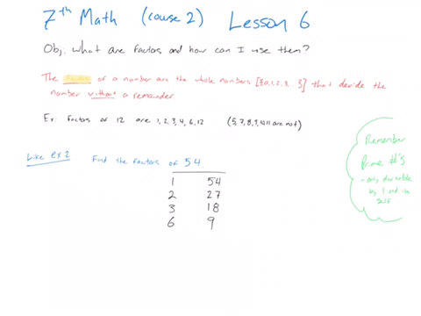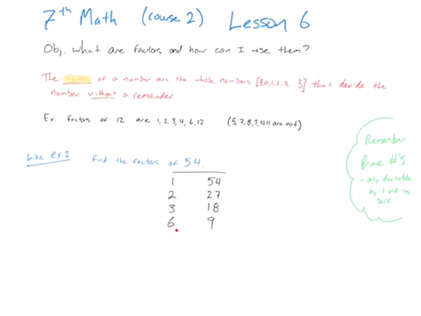7 times something? Nope. 8 times something? Nope. 9 times something? Well, yes, but notice we already have 9, 9 times 6. And notice on the left-hand side, these numbers are increasing, getting bigger: 1, 2, 3, 6. Over here, these numbers are getting smaller: 54, 27, 18, 9.